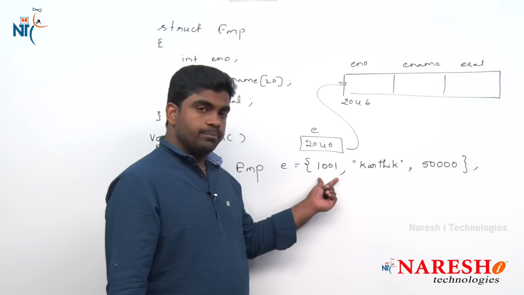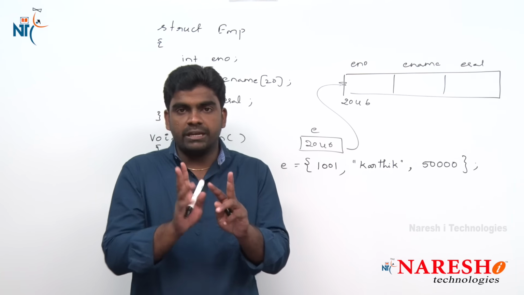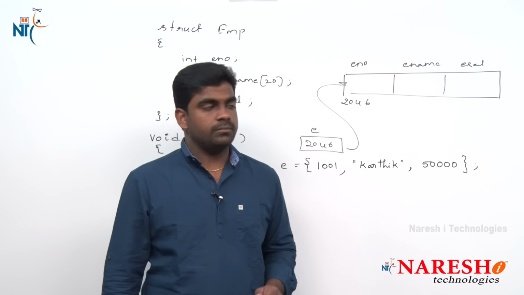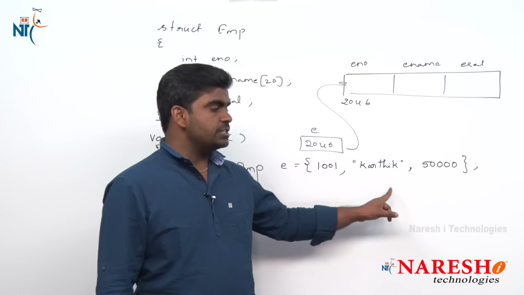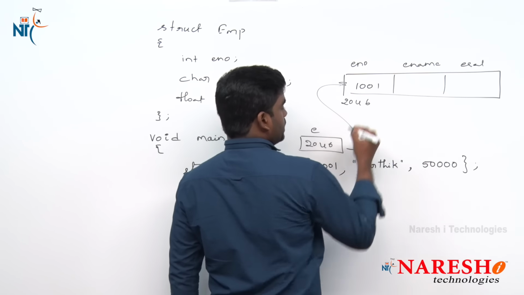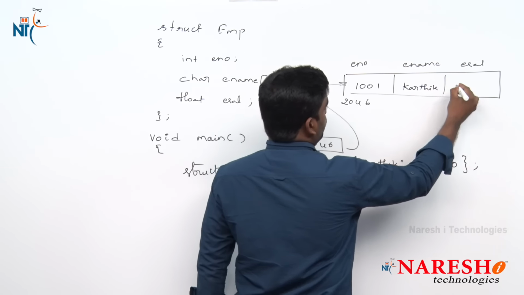So first employee number, employee name, employee sal, we can't change the order of elements because we defined them in the same order. So directly you can initialize like this, then automatically employee number will go and store here, employee name will go and store here, and employee salary.